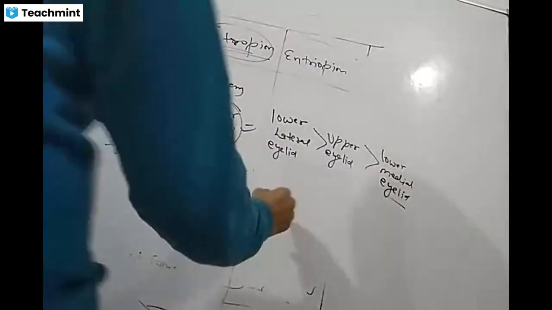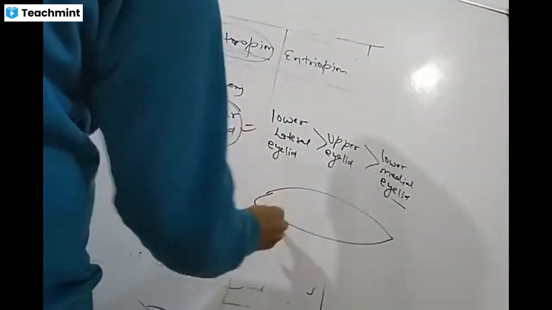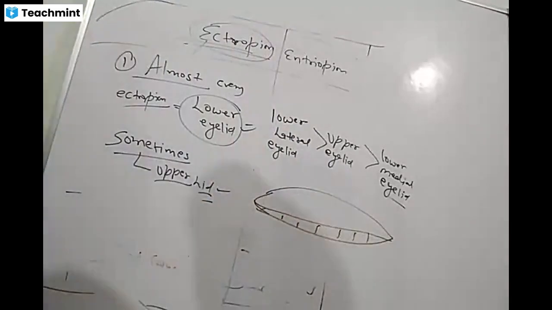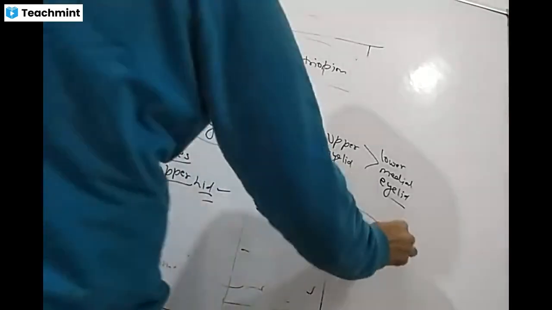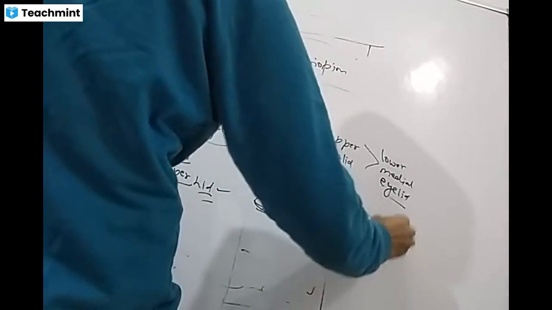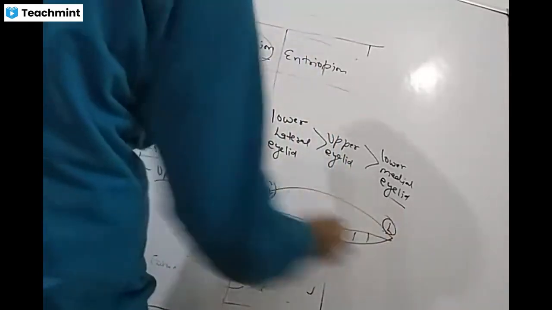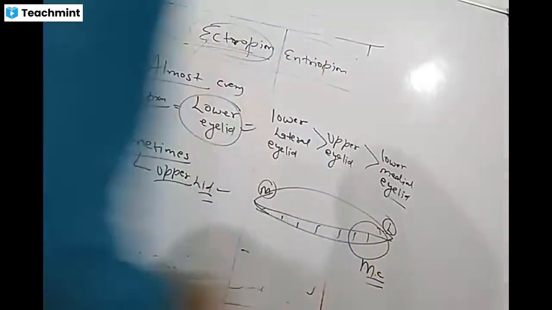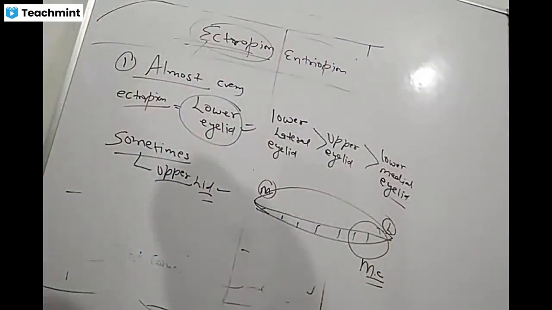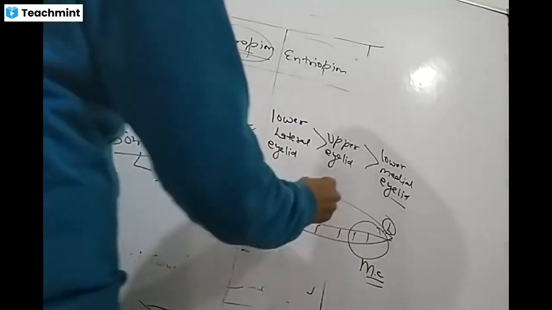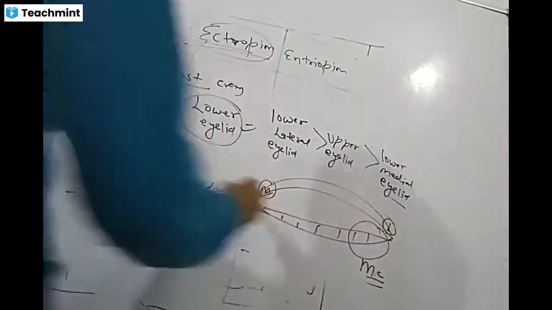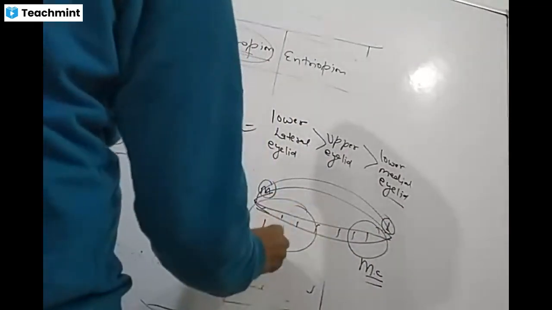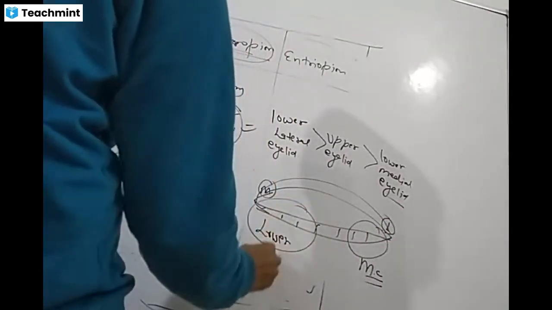If you look at this lower eyelid, this is lateral, this is medial. This lower lateral is most commonly involved in case of entropion. Then the second is the upper eyelid, and the remaining is the lower medial.